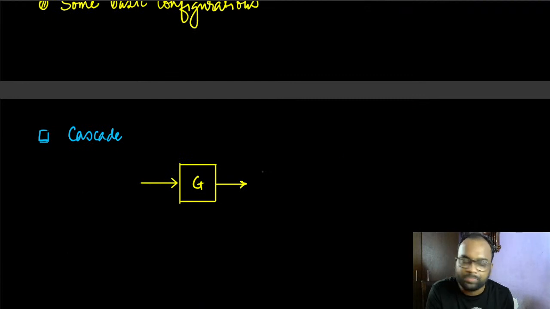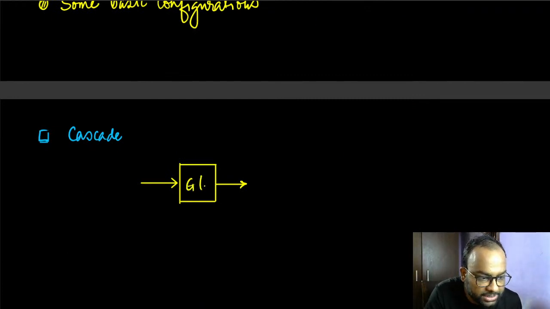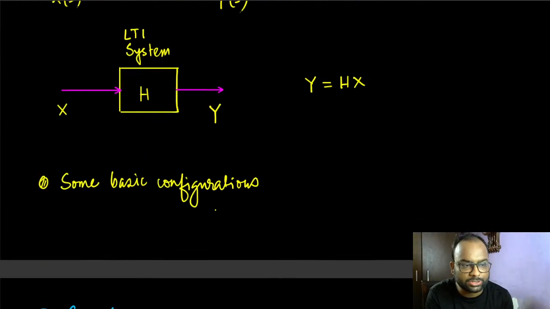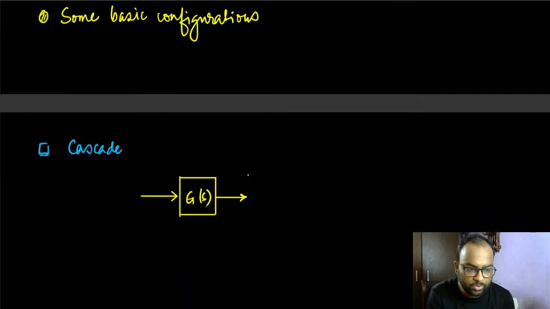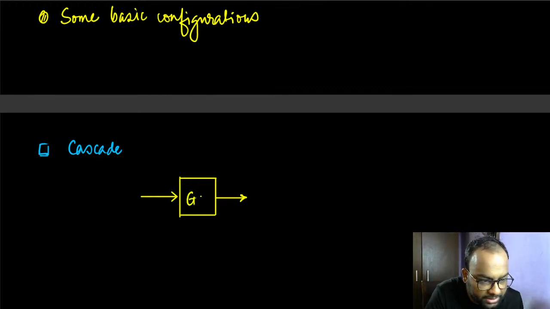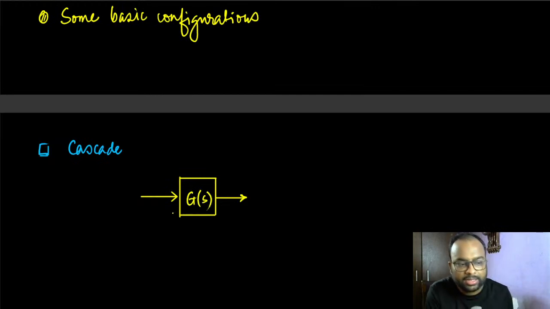This is just for keeping the convention the same. G(s) is again a transfer function. H(s), all these things are transfer functions. Whenever I take the Laplace transform of the impulse response of any system, we get the transfer function. So G(s) is the transfer function here.